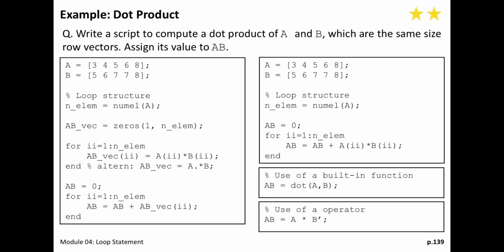Based on what we learned so far, we can perform the element-wise operation using a loop statement. First, let's write code for element-wise multiplication using the loop statement. We can make two vectors a and b, initialize a and b as 1 by 5 row vectors, and then count the number of elements.